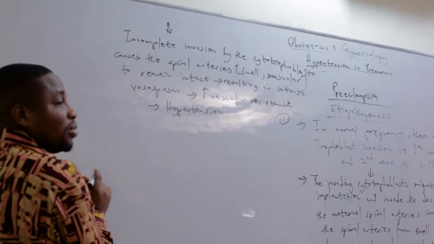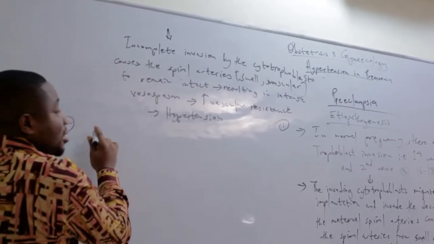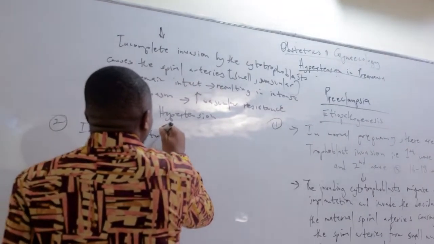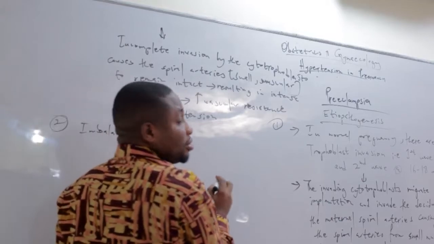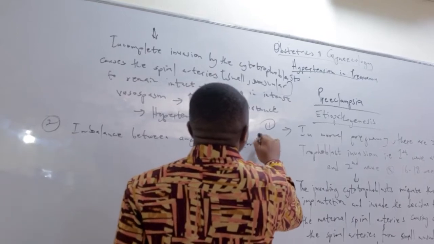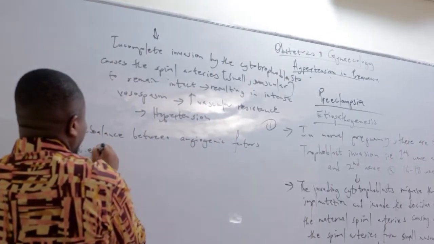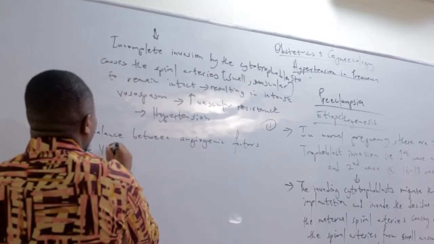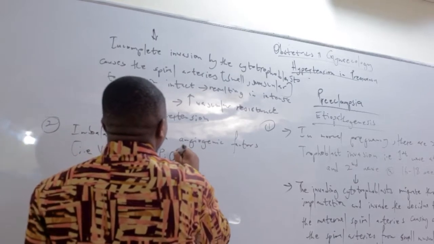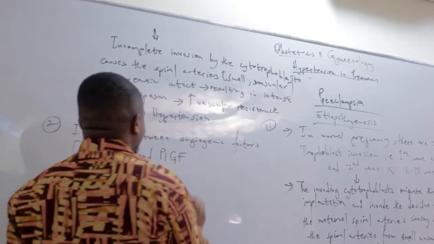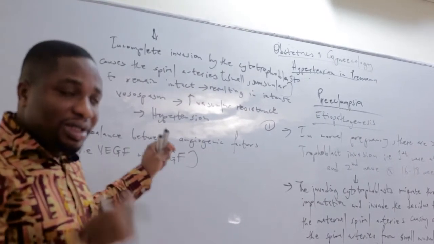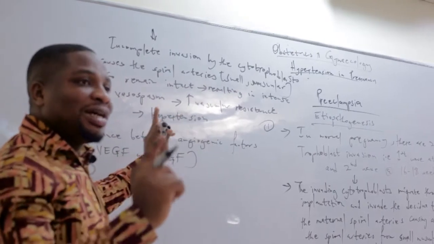Another one we can talk about is the imbalance between angiogenic factors, such as what we call vascular endothelial growth factors and placenta growth factors. Vascular endothelial growth factors and what? Placenta growth factors. I told you about pseudo-vascularization, right?